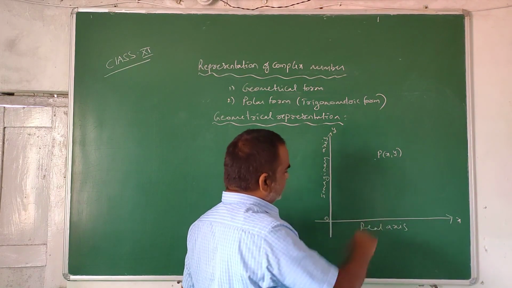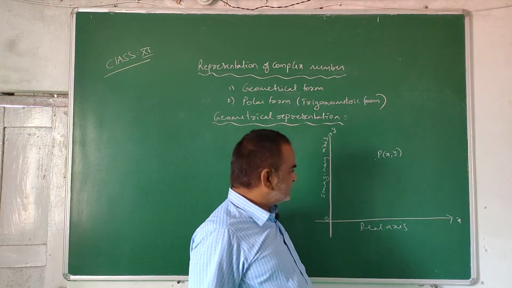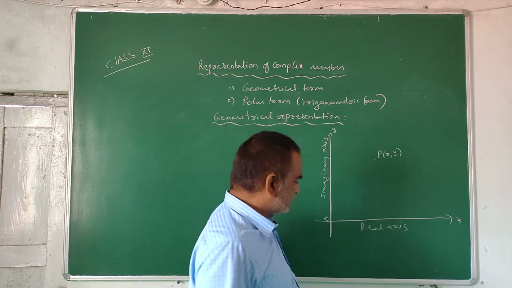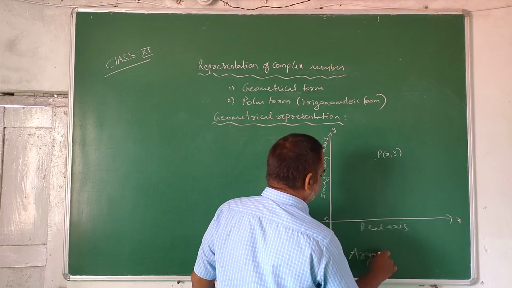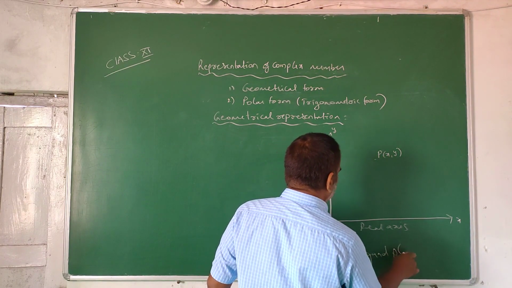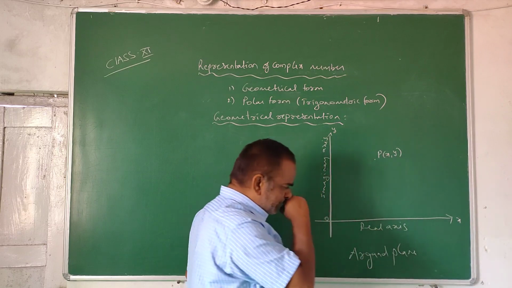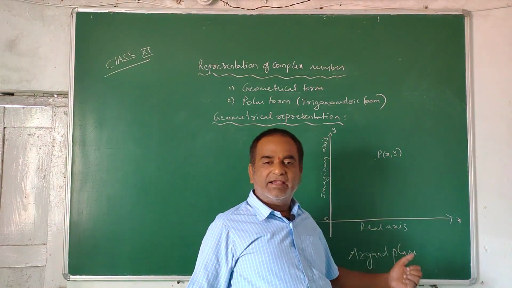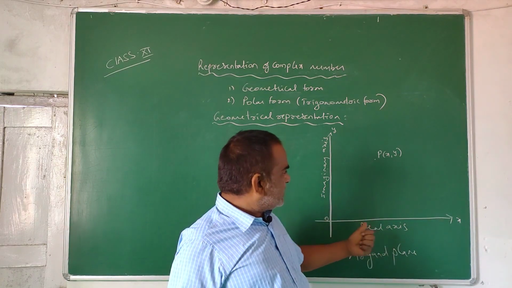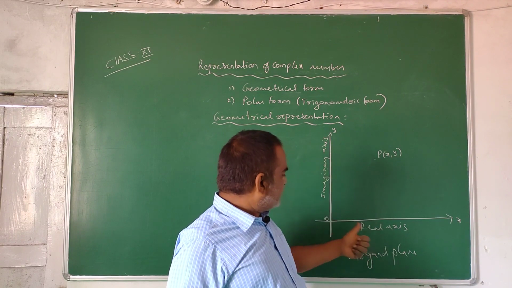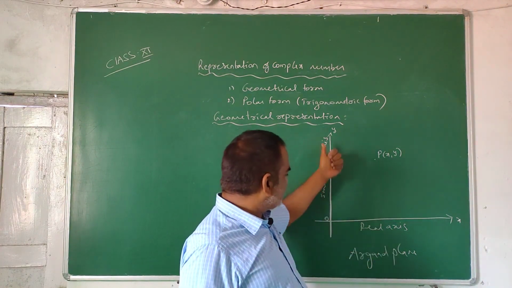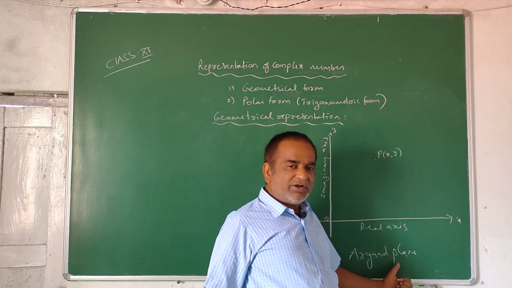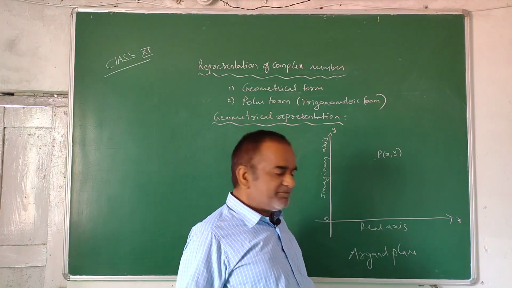A plane of xy axis that contains complex numbers is known as Argand plane. Did you understand? The plane which contains both xy axis, which represents respectively real axis and imaginary axis, is known as Argand plane.